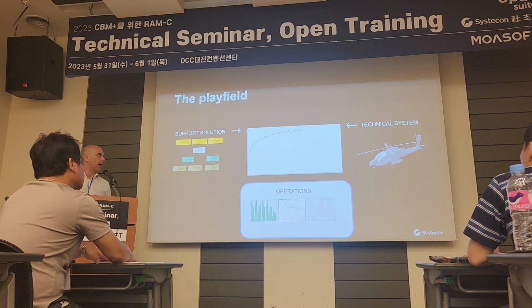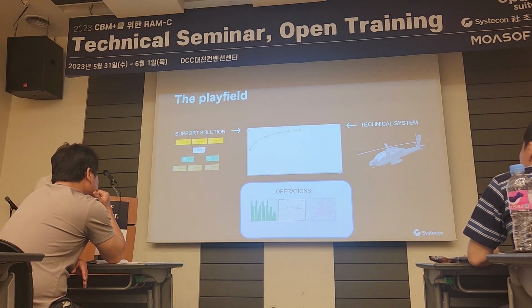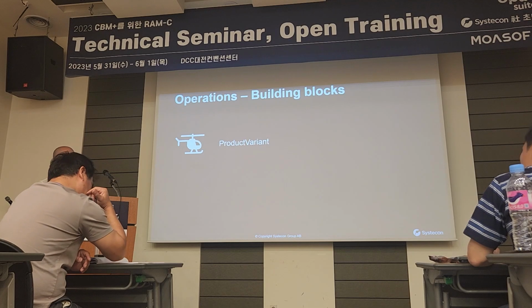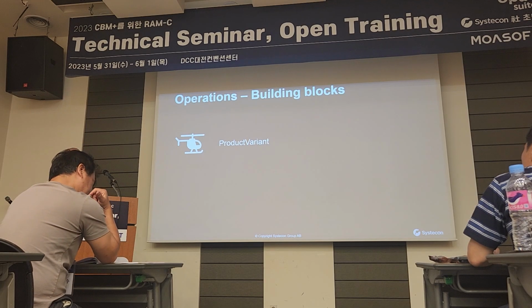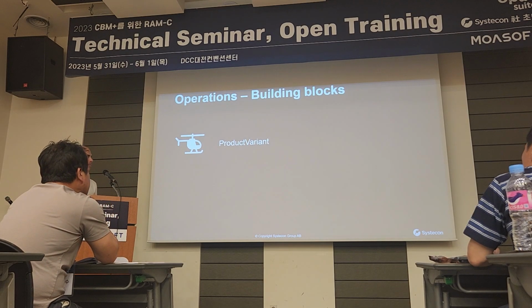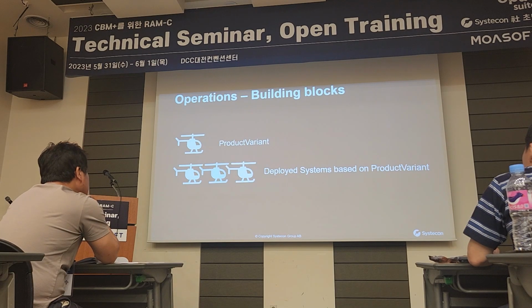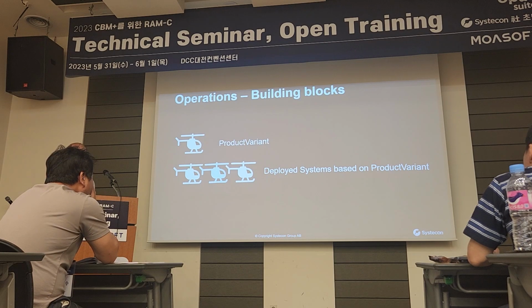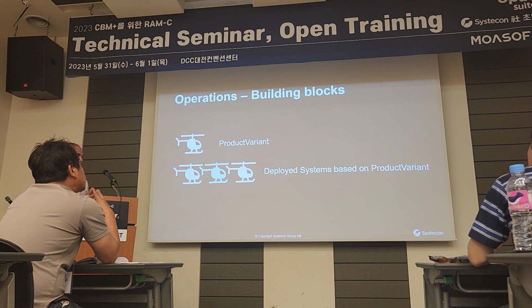And to explain how that works, we need to start at the product variant, because so far we have described products, but there is a distinction in OPUS Suite between a product and a system now. So the definition of a system now is actually a deployed product.